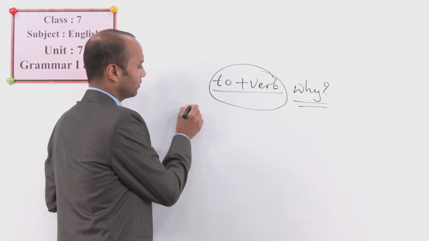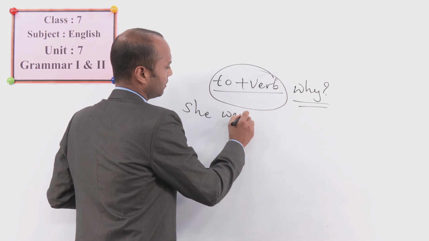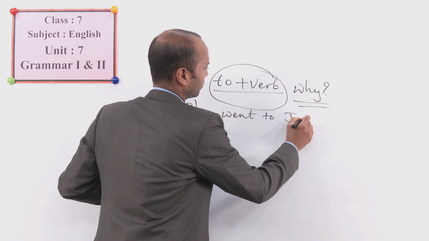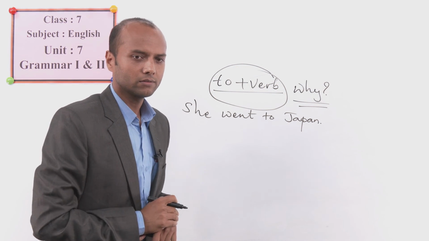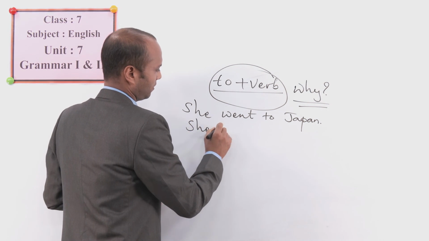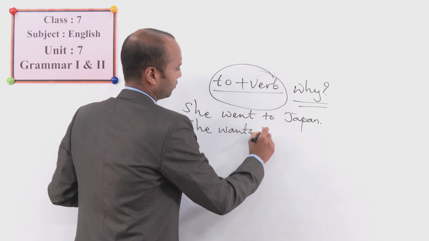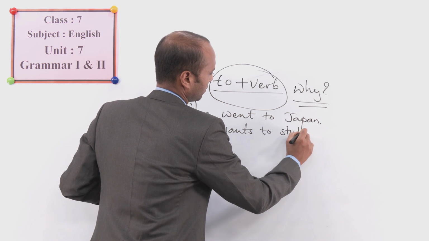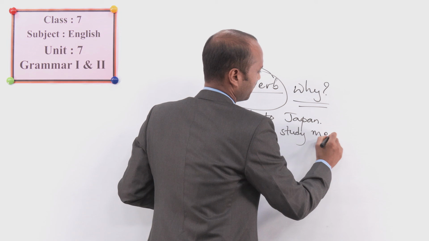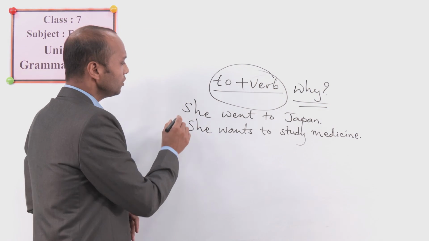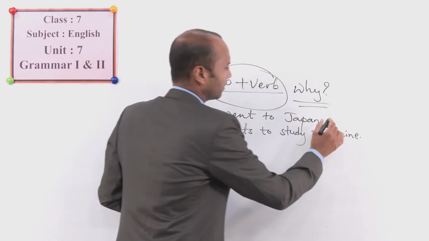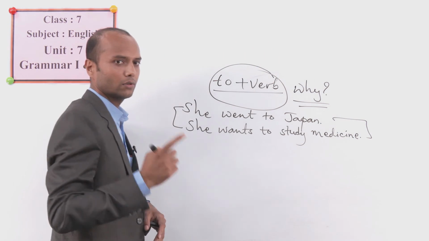First one is she went to Japan. Next sentence is she wants to study medicine. Look, so these two sentences are reduced to one.